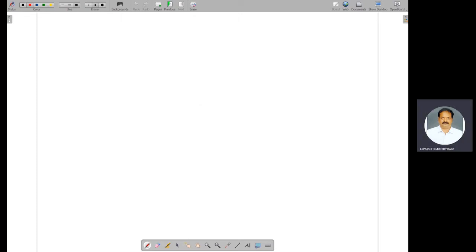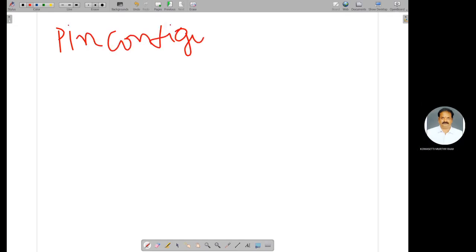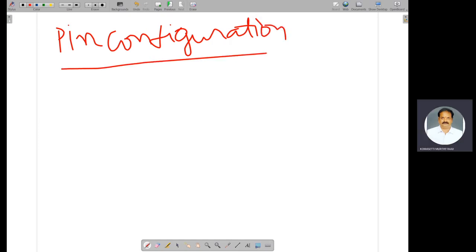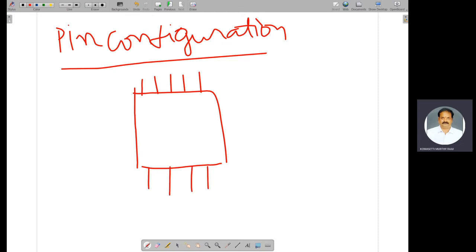Next one is pin configuration. Generally, this is the 7 segment display pin configuration. It has 10 pins: 1, 2, 3, 4, 5, 6, 7, 8, 9, 10.